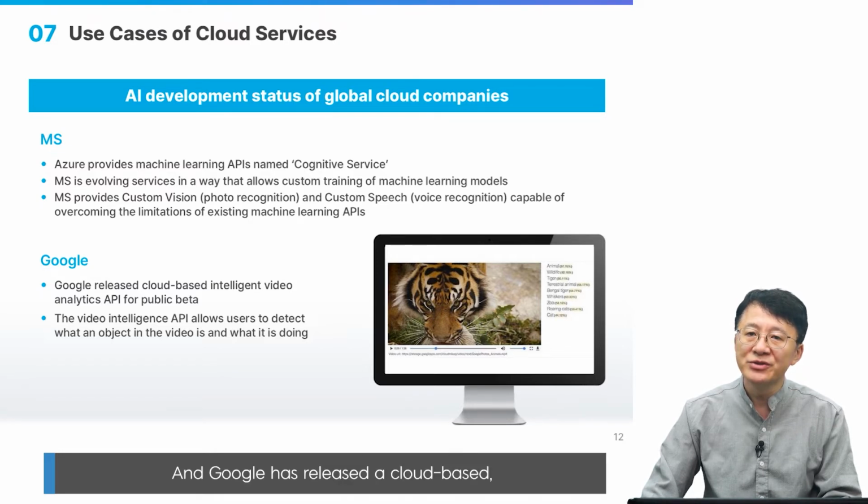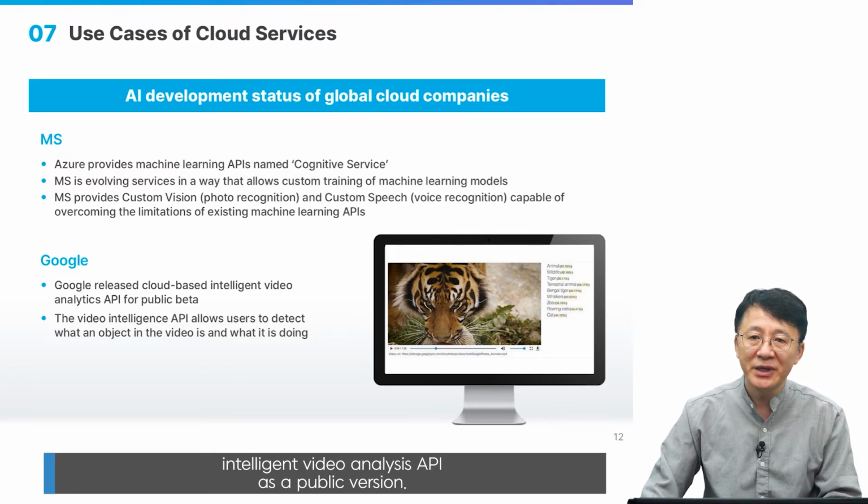And Google has released a cloud-based intelligent video analysis API as a public version. If you use the Video Intelligence API, you can detect what an object in the video is and what kind of action it is. This made it possible to search for content within the video.